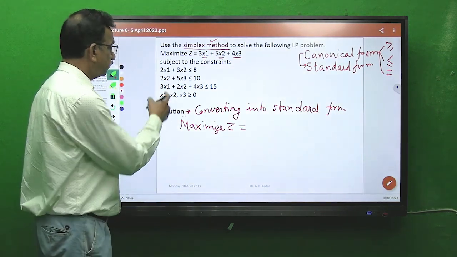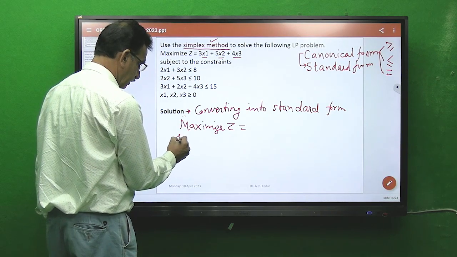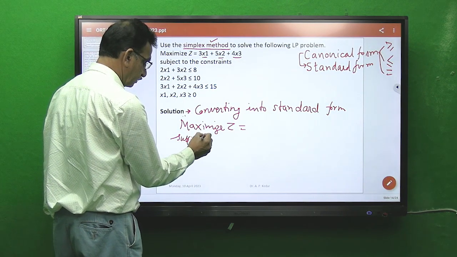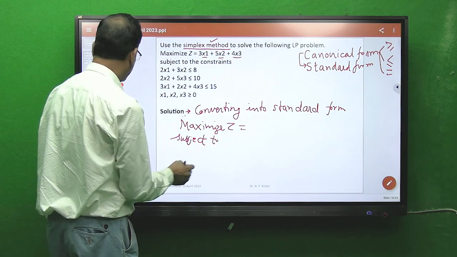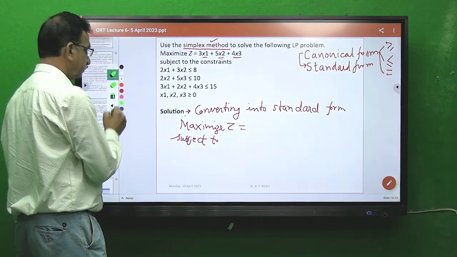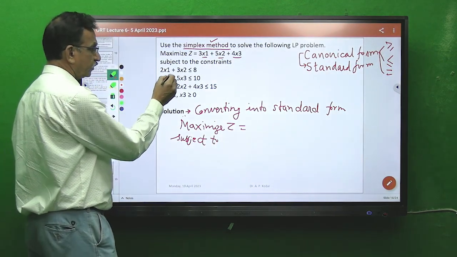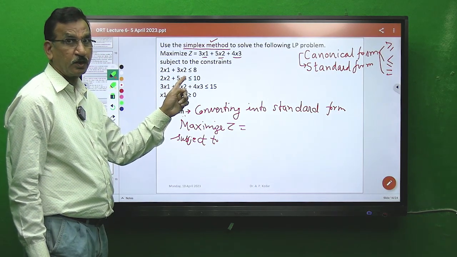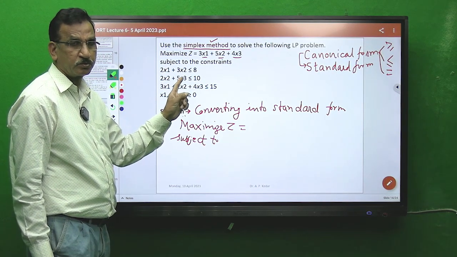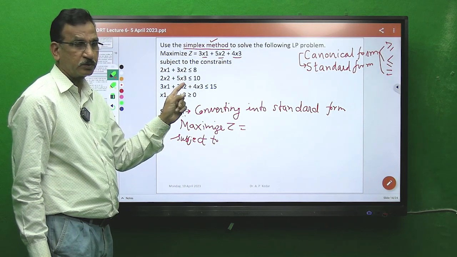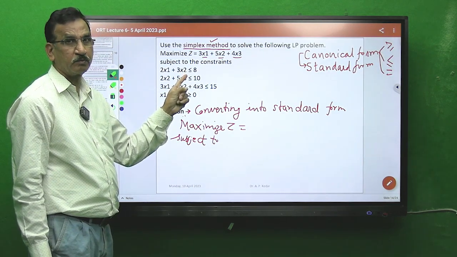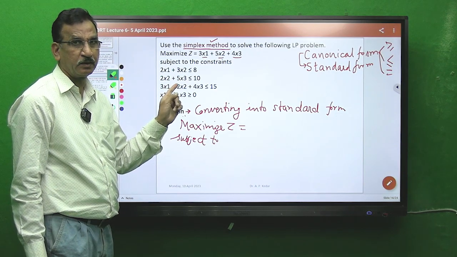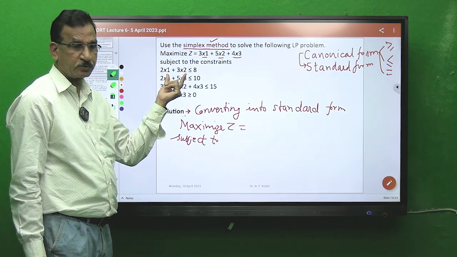What we will do? We will write this constraint subject to. Now this is very important. Subject to, see here, first equation 2x1 plus 3x2 less than equal to 8. So we have seen how to treat this particular equation. Whenever it is less than equal to, you have to add slack, because this side is deficit.